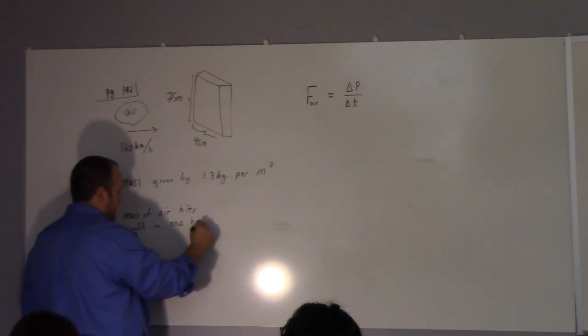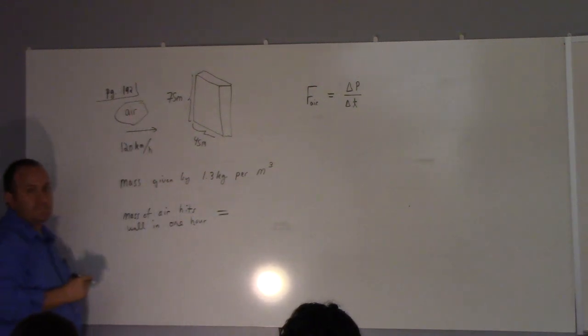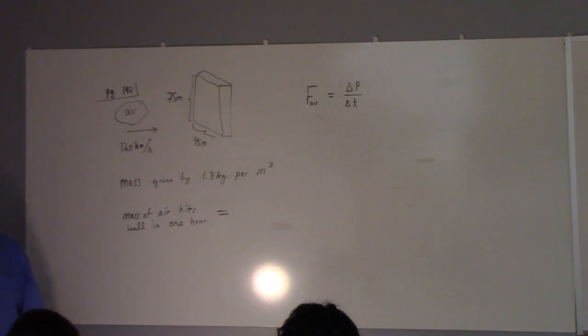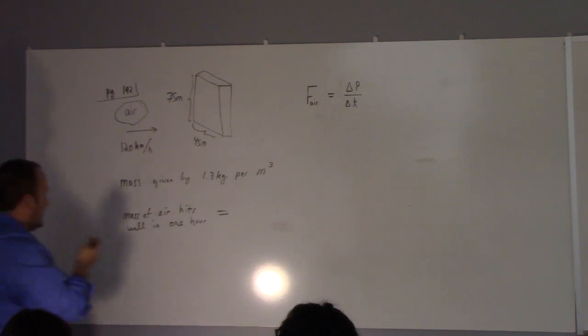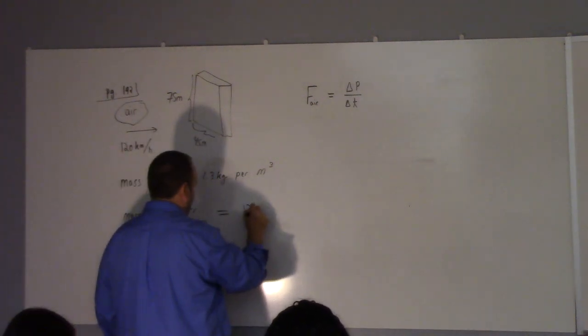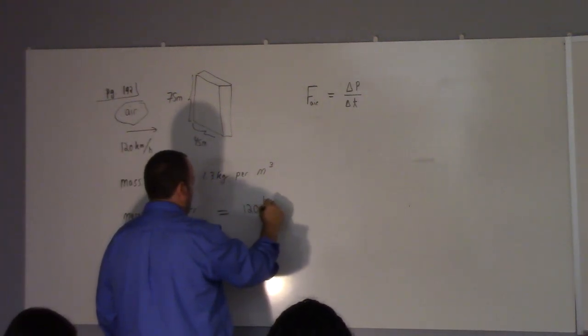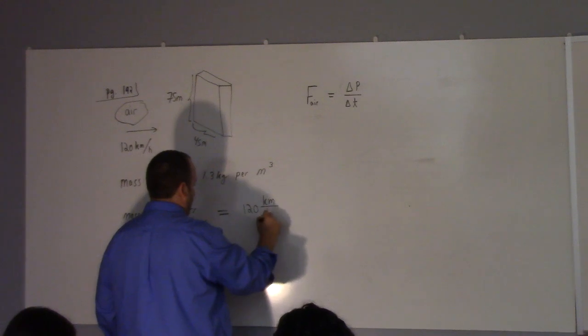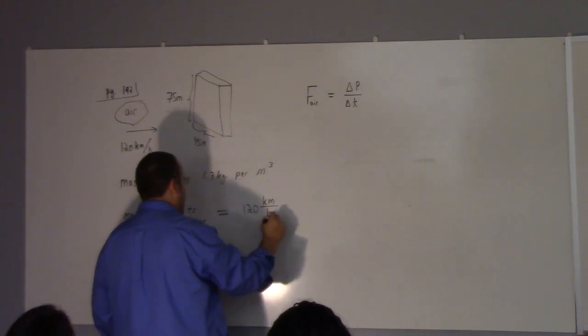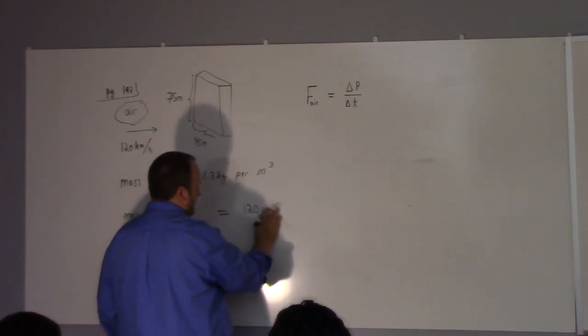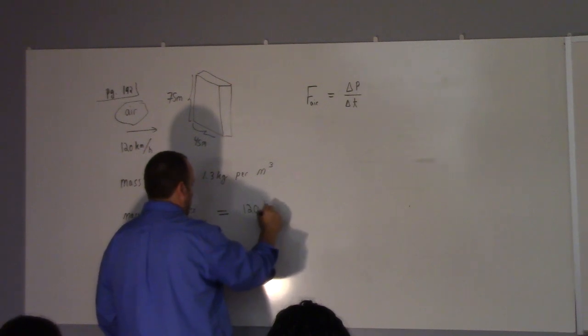How do we figure that out? I believe it would be 120 kilometers per hour. Well, we can just say 120 kilometers because we're multiplying by the hour. So 120 kilometers.